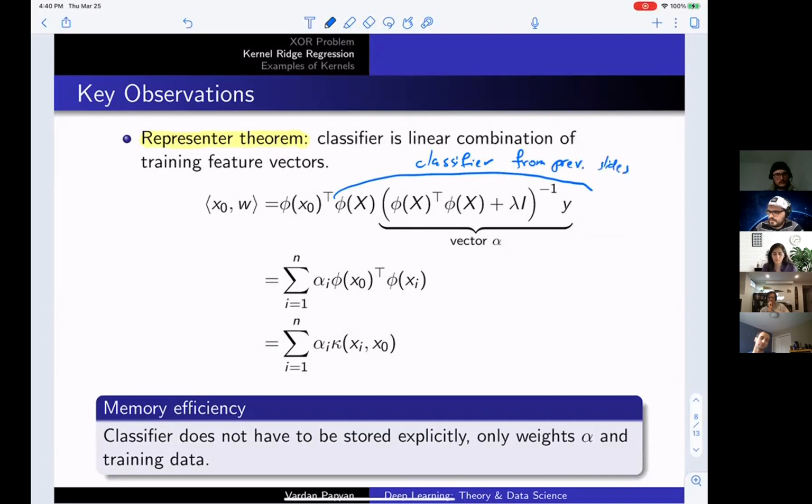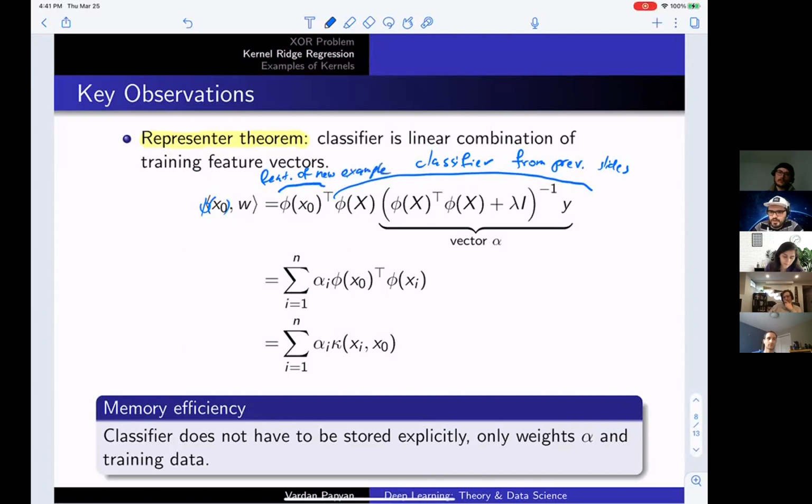And this should be again phi x0. Sorry for the mistake. Now, this is the classifier from the previous slide, and this is the feature of the new example, right?